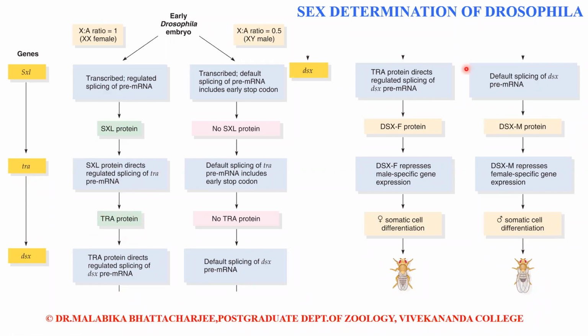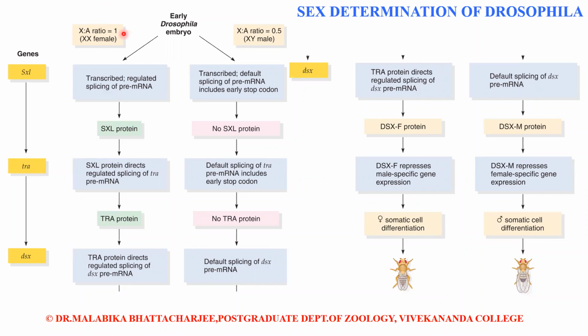The TRA protein directs regulated splicing of the double sex pre-mRNA. We are getting the double sex female protein. The double sex female protein represses male specific gene expression, keep this in mind, as a result of which there is female somatic cell differentiation.